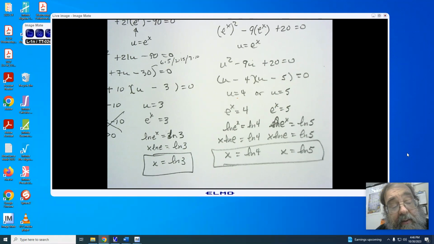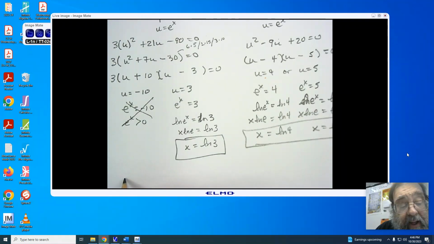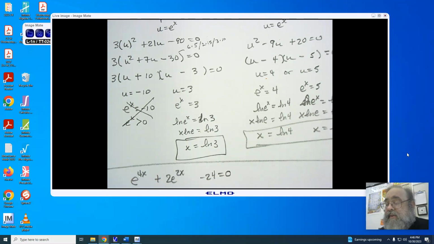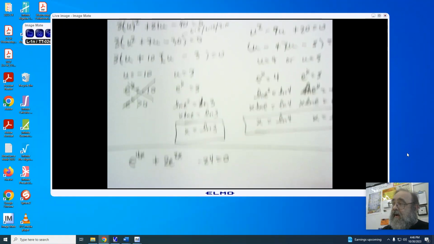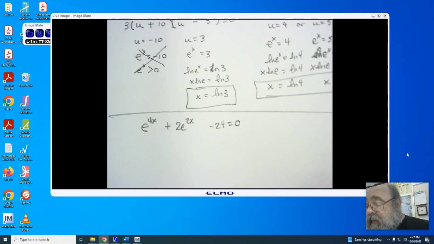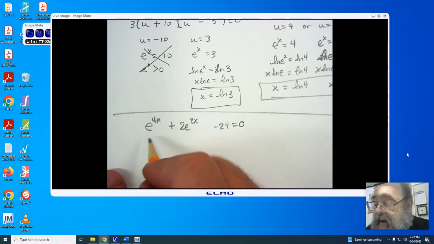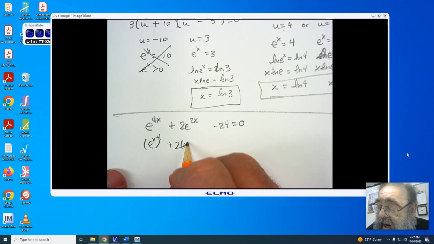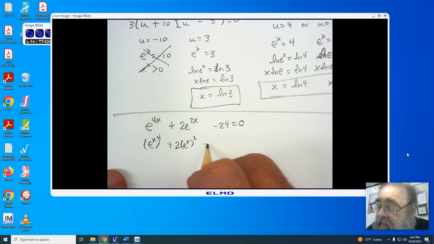Let's take another one. This time, let's take e to the 4x plus 2e to the 2x minus 24 equals 0. Now this one's going to be a little bit more tricky, so we have to be careful. We're going to start by looking at it as e to the x, the quantity to the 4th, plus 2 e to the x, the quantity squared, minus 24 equals 0.